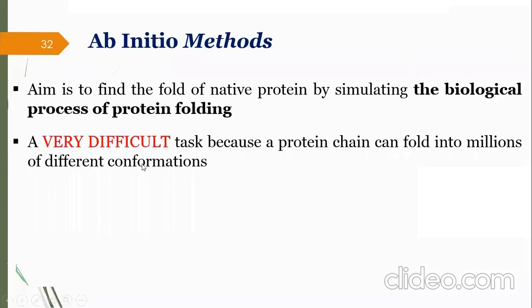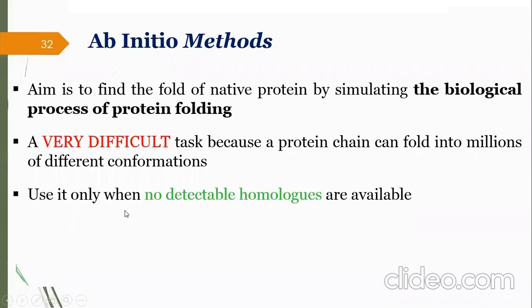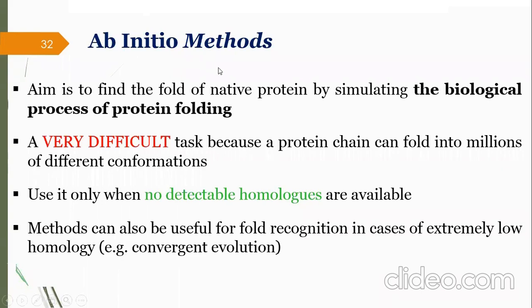And it's a very difficult task because a protein chain can fold into millions of different conformations, and it is used only when no detectable homologs are available. If no homolog is available, go for ab initio modeling. That will mean if there is less than 25% identity with available homologs, go for ab initio modeling.